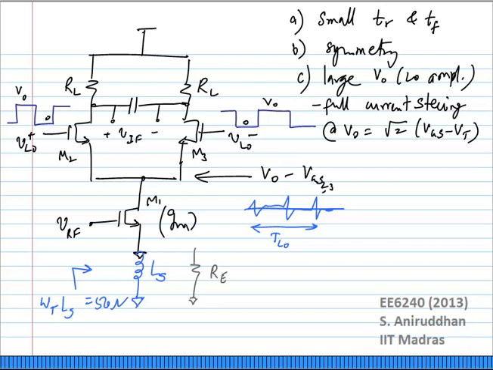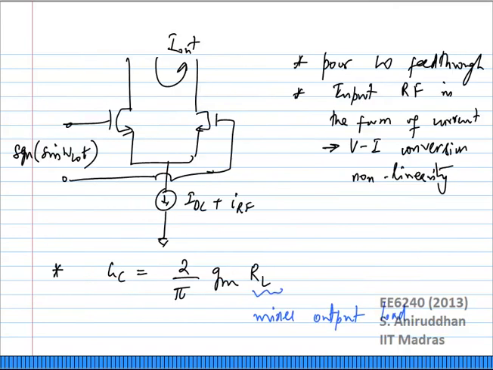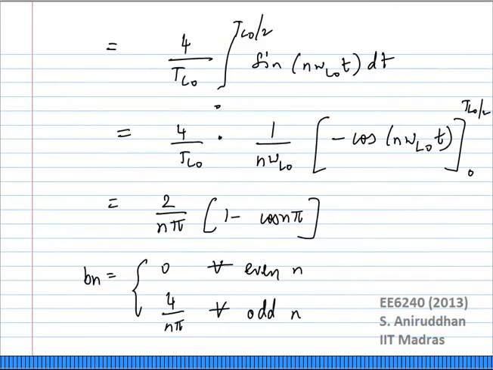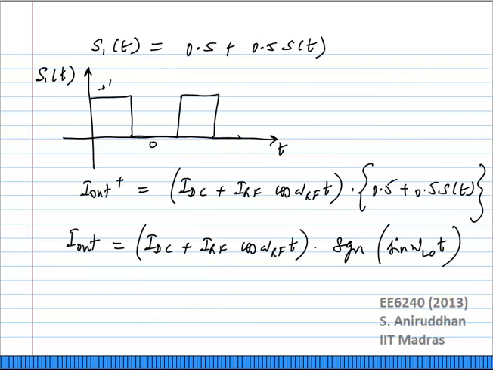Let us go back to this guy. If I look at S of t, what will happen in this case? Or you can even look at S1 of t if it is easier, because you are looking at only one side. What will the current look like?